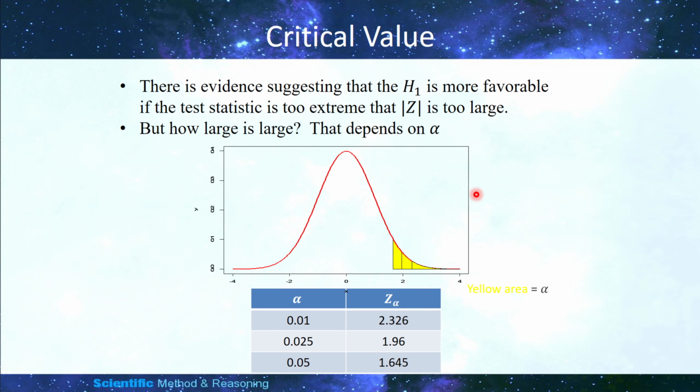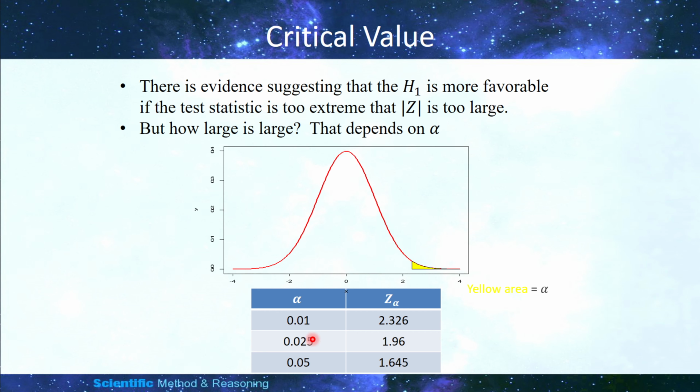The critical values of some alphas are listed in the table above. For example, if we set alpha equals 0.05, the rejection region is the standardized test statistic greater than 1.645, and then the null hypothesis will be rejected. If the level of significance is set at alpha equals 0.025, then if the standardized test statistic is greater than 1.96, the null hypothesis will be rejected.